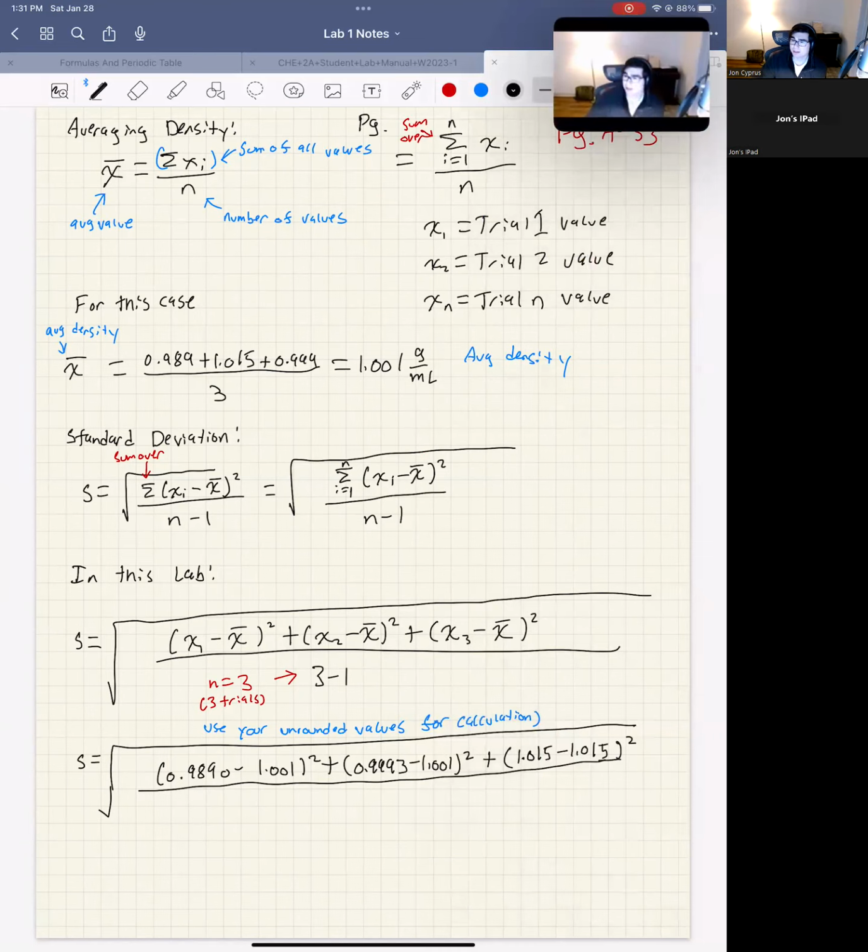And you could put the units here. I'm not going to do it just because it's so much extra writing, but it can help you check if you have the right units. You're taking the square root of the unit squared, essentially, so you should get the same units as density. Then this is over 2, in this particular lab. So for this case, let me plug this all in.